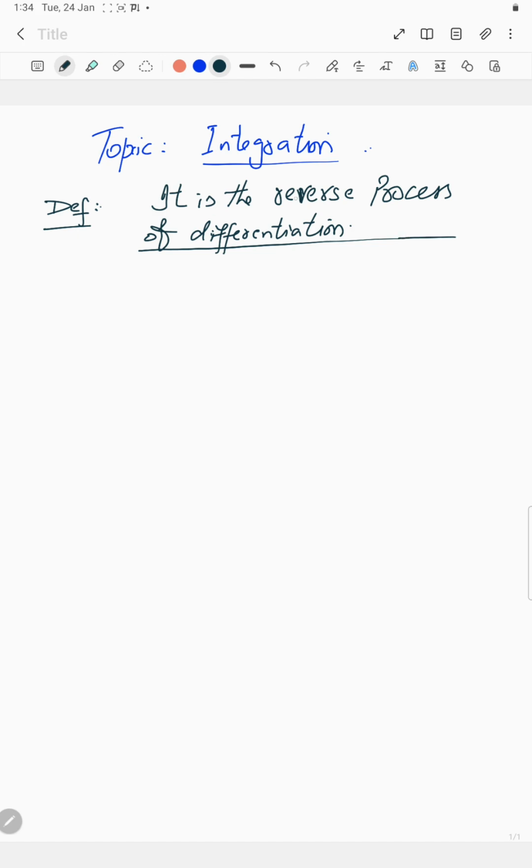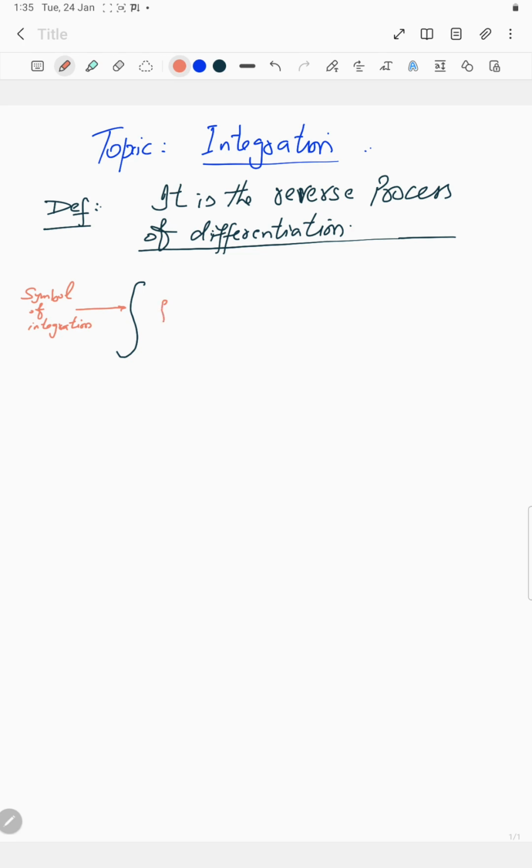Few basic rules we need to keep in mind while going through integration are: first, symbolically we represent this sign. This is the symbol of integration. And here goes the function.